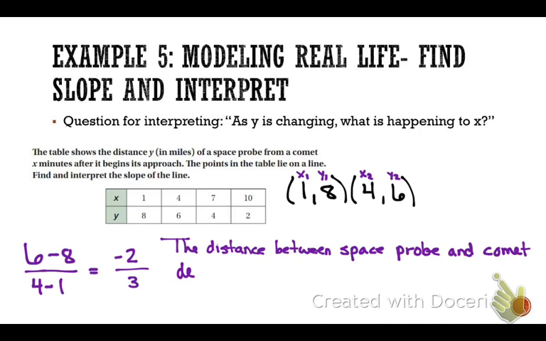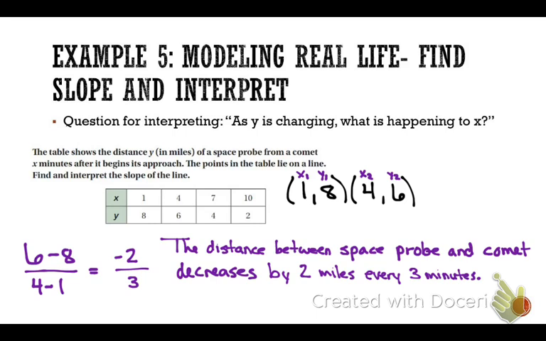Decreases by 2 miles every how many minutes? 3 minutes. That's going to take a little bit of practice, okay? Can you see how we went back and named the category? That 2 is my y value. It stands for miles, so the distance between them is decreasing by 2 miles every 3 minutes.